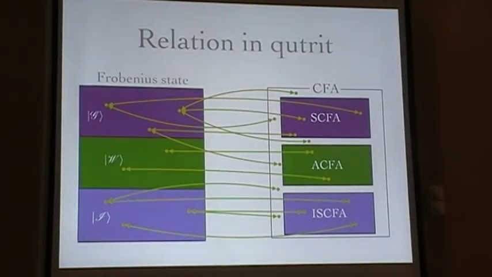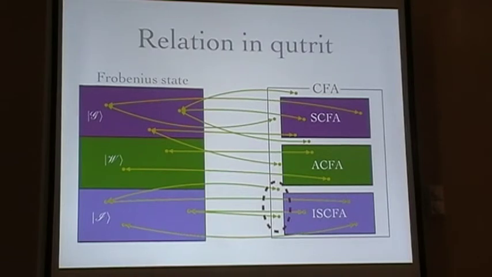This theorem can be expressed like this. Watching this diagram, you may notice that there are CFAs which are neither SCFA, ACFA, nor ISCFA, like this, and like this. So we defined an ISCFA and showed the correspondence between these 3 SLOCC equivalent classes and these 3 classes of CFA.